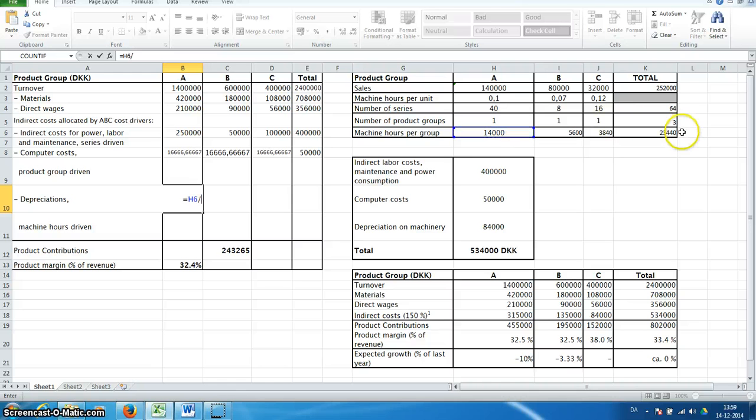and we can just calculate if we get the same result. 40,000 out of 23,000 machine hours, that's the percentage that this product group should carry out of a total of 84,000 in costs, and we can see we get the same result.